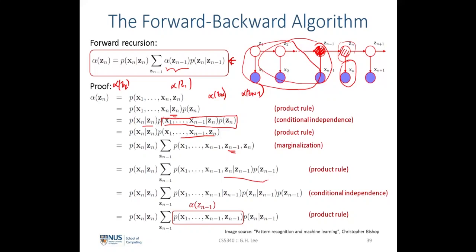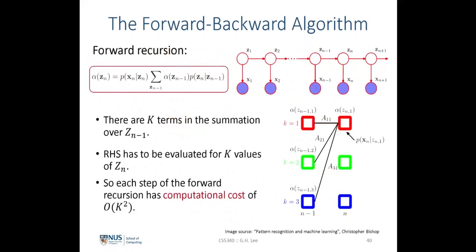And finally, we can make use of the product rule to get rid of this conditional term and this prior term, merging these two terms together into the joint probability distribution of x1 all the way to xn minus 1 and zn minus 1, which we can identify as equal to alpha zn minus 1. Hence, we have proven that the forward recursion, or this alpha zn, can be recursively computed from alpha zn minus 1. So let's look at the actual computation of the forward recursion of the alpha term over here.